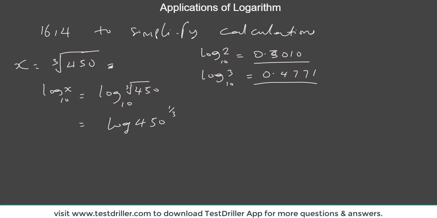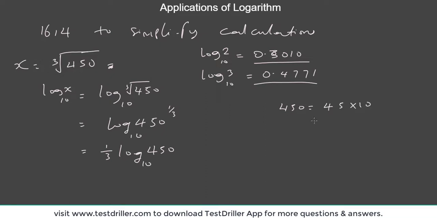From the law of indices, you can write this cube root as 450 raised to the power of 1 over 3, and here we have base 10. Now, we can take this 1 over 3 to the front. That becomes 1 over 3, then log 450 to base 10.